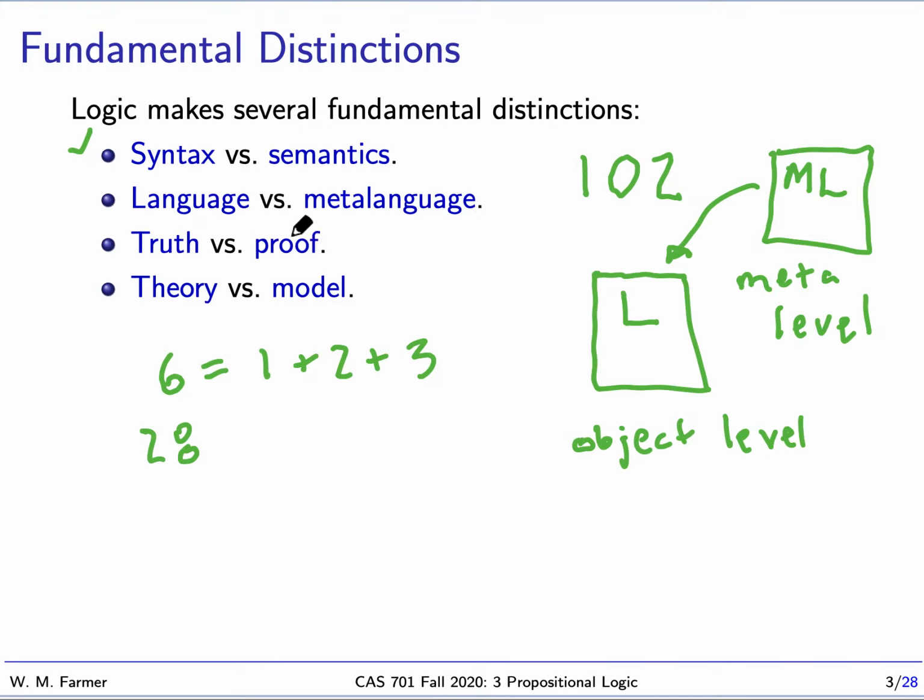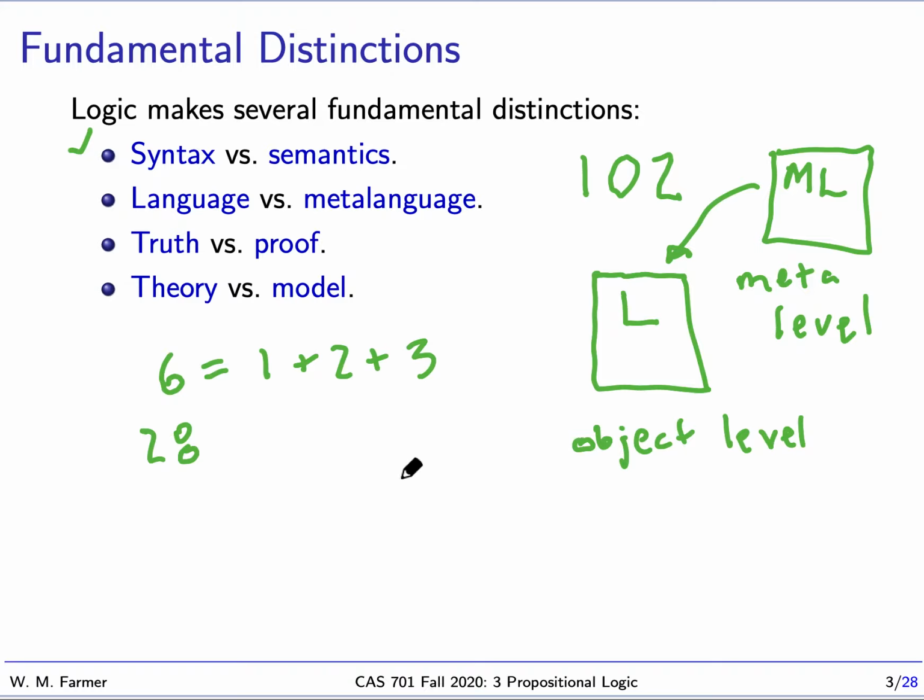The next distinction is between a theory and a model. So if we think of a model in the most general sense, it models some aspect of reality. We can have different kinds of models. We can have different models that all try to model the same thing. But a theory is a specification of models.